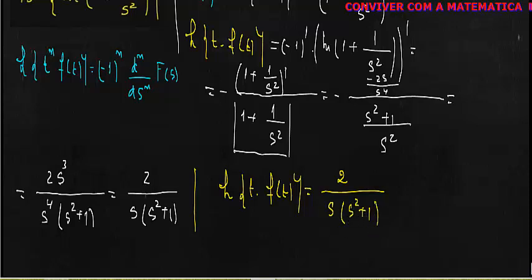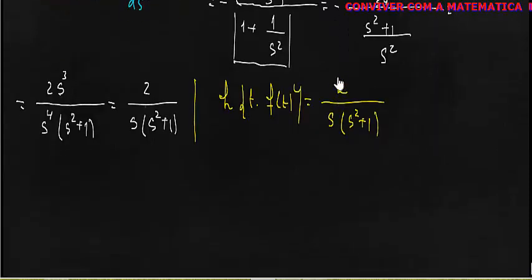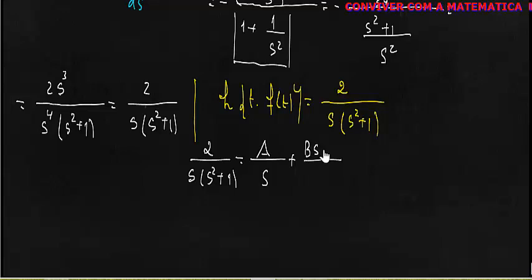Okay? And now I'm going to express this fraction in terms of a sum. As s is a polynomial of the first degree, I have no problems, but look at s squared plus 1: there are no real zeros, so to make this decomposition, I must do like this: 2 over s times s squared plus 1 equals, let us say, a over s plus b times s plus c over s squared plus 1.